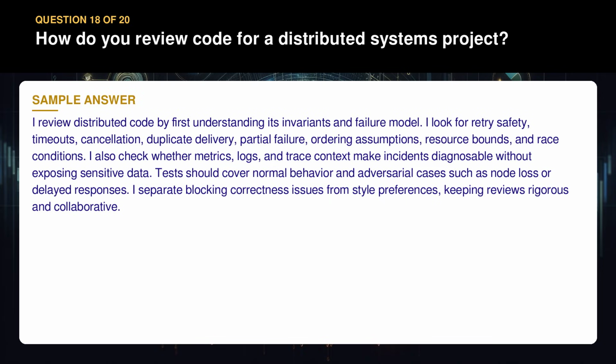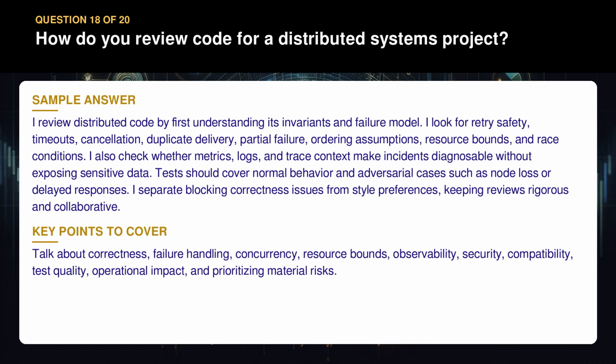Tests should cover normal behavior and adversarial cases such as node loss or delayed responses. I separate blocking correctness issues from style preferences, keeping reviews rigorous and collaborative. Talk about correctness, failure handling, concurrency, resource bounds, observability, security, compatibility, test quality, operational impact, and prioritizing material risks.